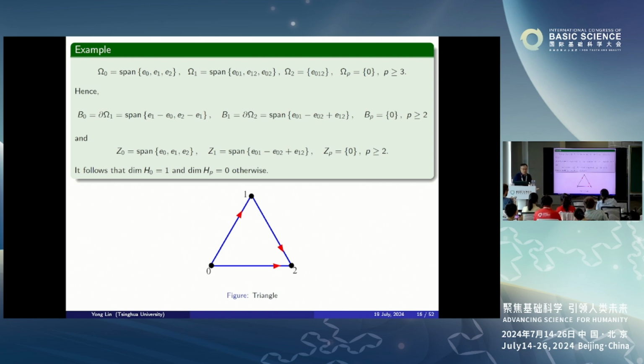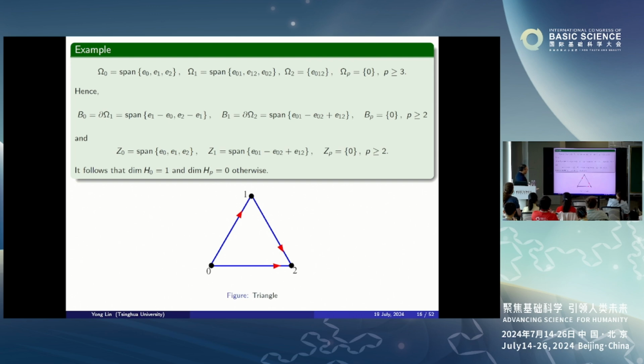Now we give an example to compute the torsion. We know the torsion was introduced by Reidemeister in the 1930s. On a manifold it is actually hard to compute the torsion, but on a digraph it's easy. It's just linear algebra. With linear algebra, you can get the torsion for any digraph. So this is a triangle. You can write down all the omega p and also all the BP and the JP.